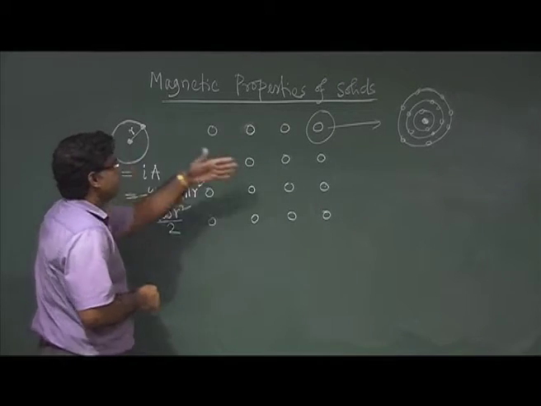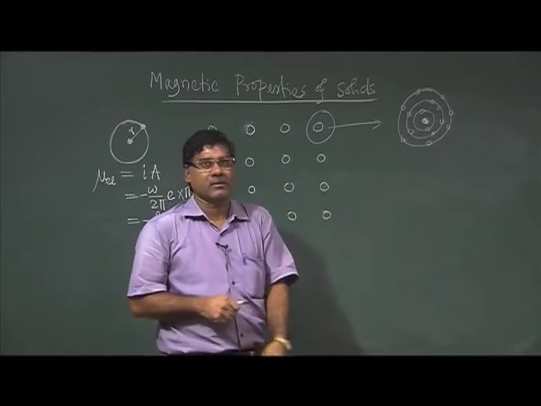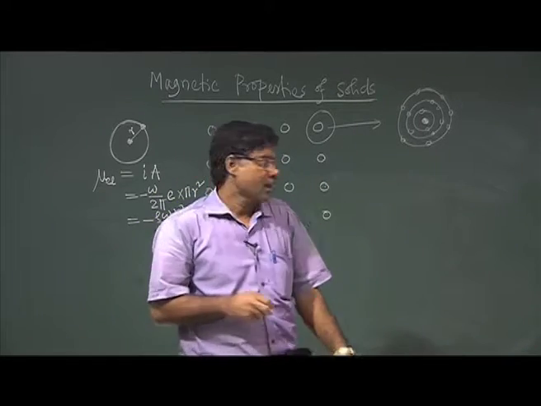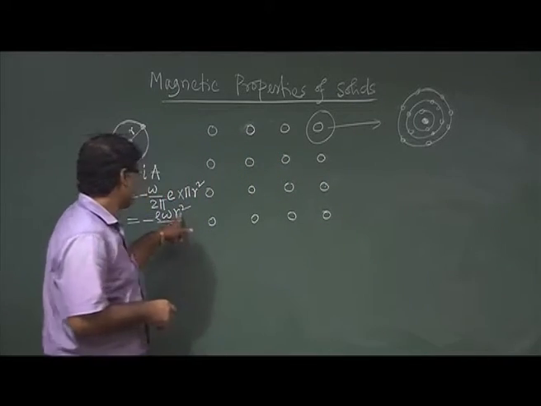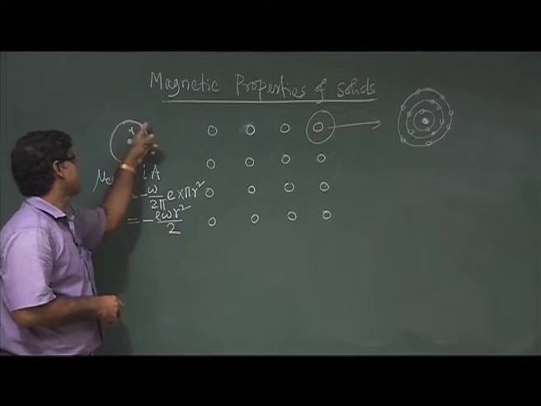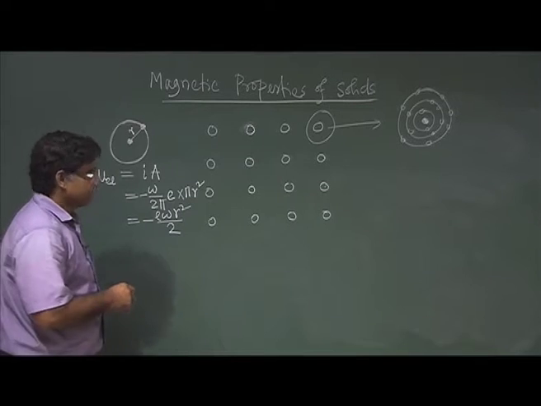So we have many electrons in an atom and they are in different orbits. Here this r will take care of the different orbits.